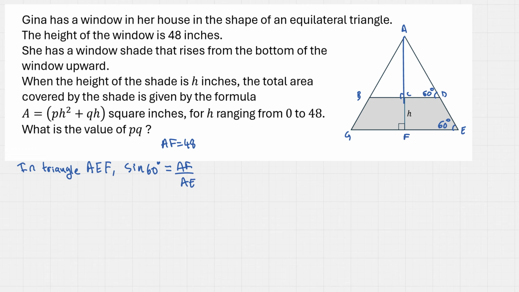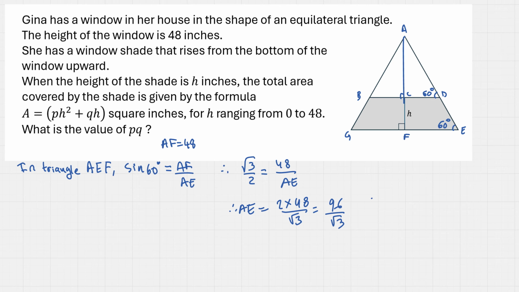Sine 60 degrees is root 3 over 2, and that is equal to AF, which is 48, over AE. So AE is equal to 2 times 48 over root 3, which is 96 over root 3. So we know AE is 96 over root 3.